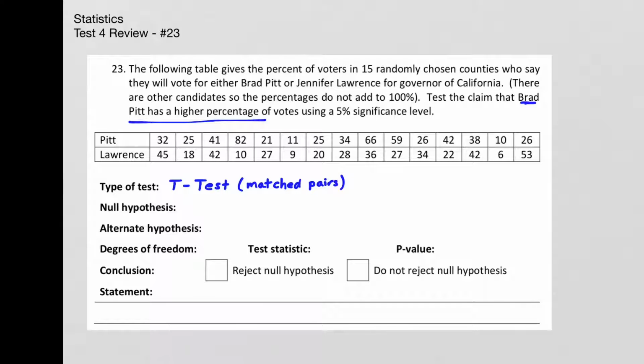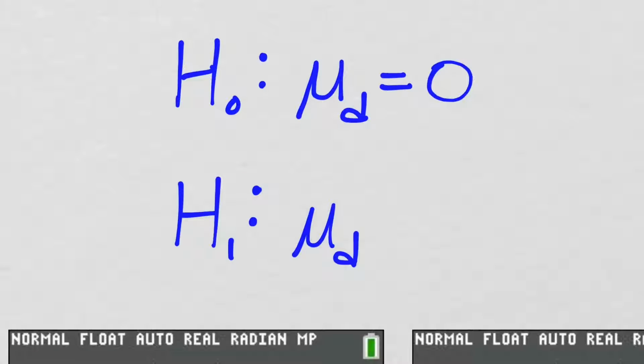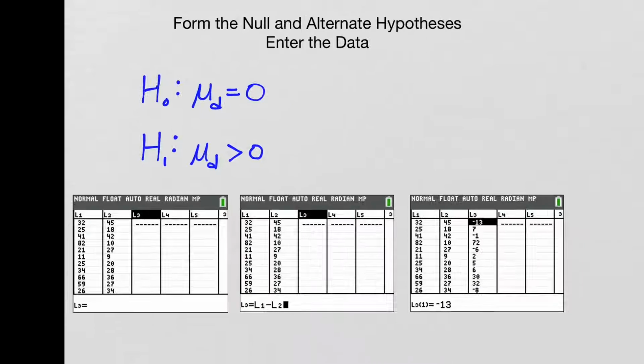We're not saying we just want to test to see if there is a difference. We're going to say Brad Pitt has a higher average. And so I always go with a right tail test in these situations. You can go either with a right tail or a left tail, and that's part of what we're going to consider next. So I've got my null and alternate hypotheses.